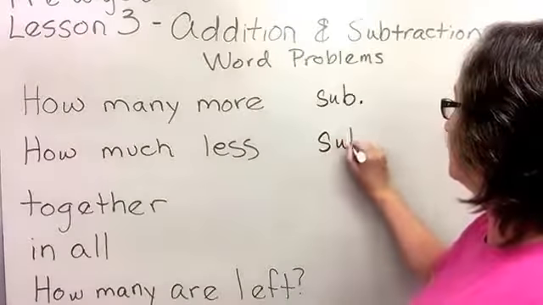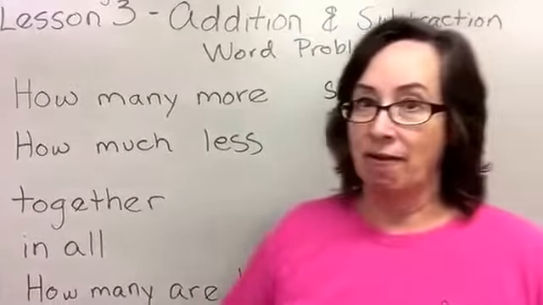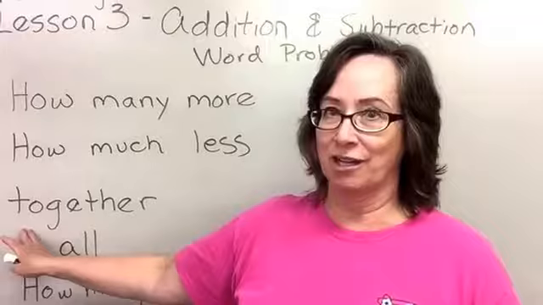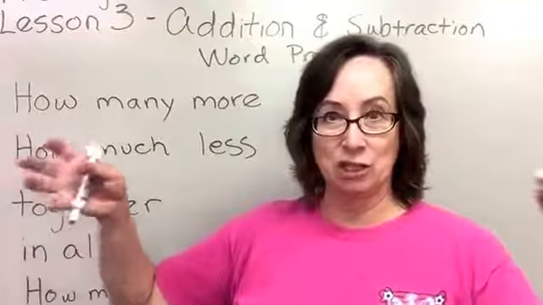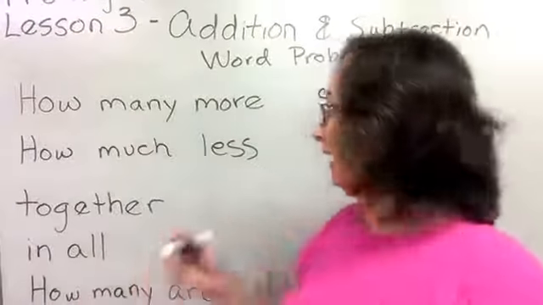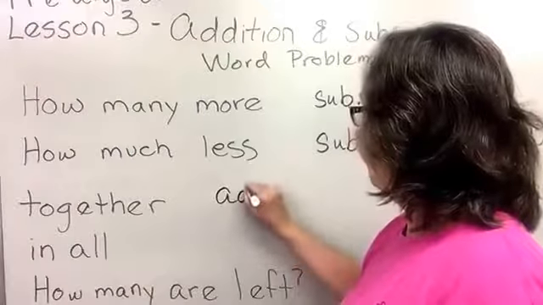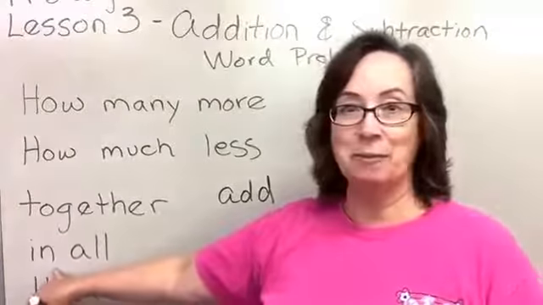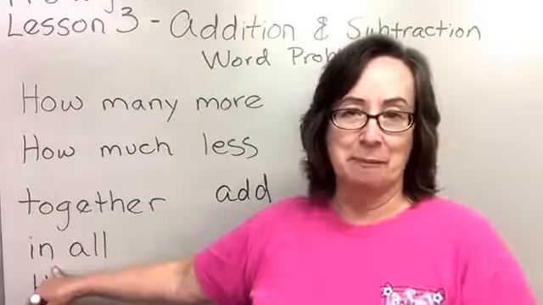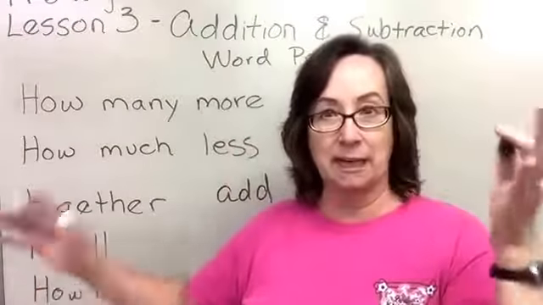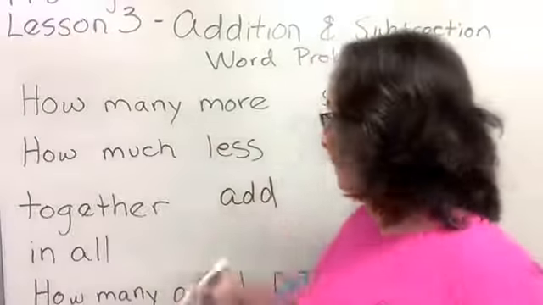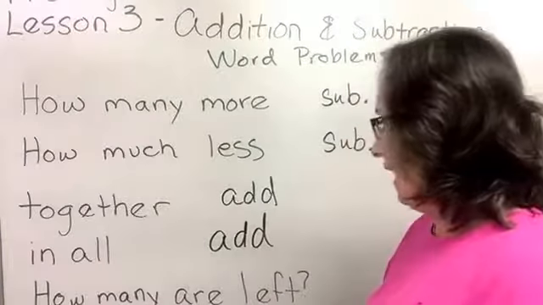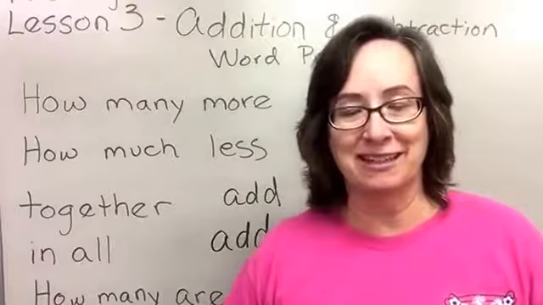Subtraction problems, okay? Now, if I said, how many did they have together? That would be taking the two quantities and adding them, all right? So that's not tough, okay? If it says, how many in all? That means I'm taking some quantities and putting them together. That is adding them, okay? And how many are left?